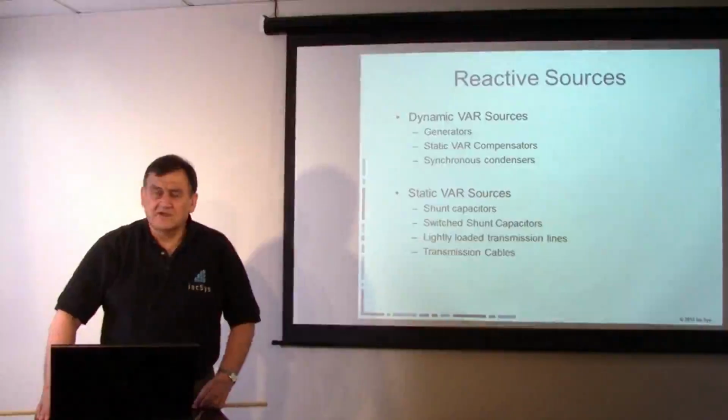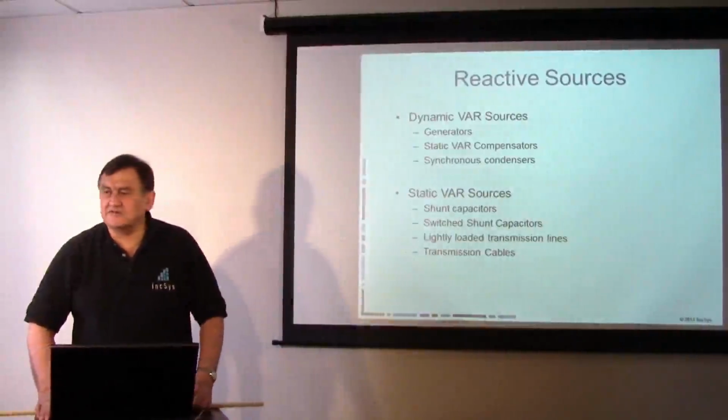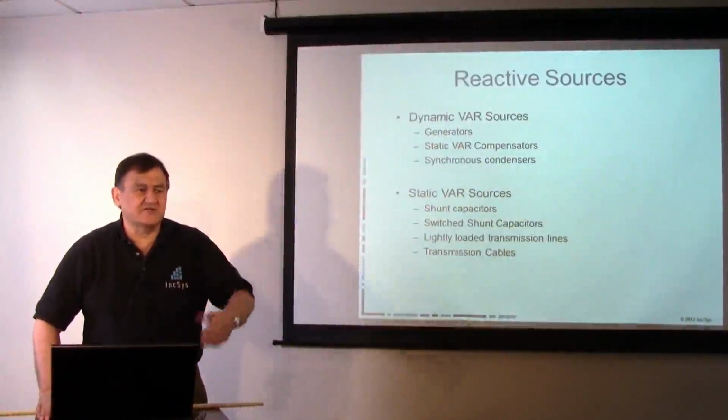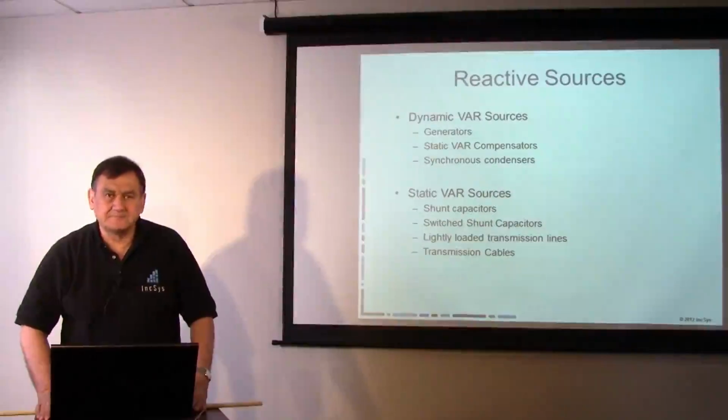Or your transmission lines can produce VARs, or they can be absorbing VARs, and then your cables, generally they are high VAR producers. But they don't respond actively to help you when you have a contingency. And so again, a very popular question on the NERC exam is, which of this set of devices are a dynamic VAR source?